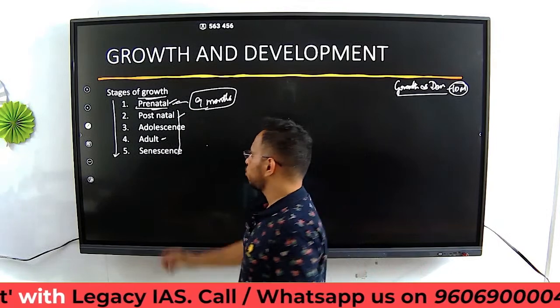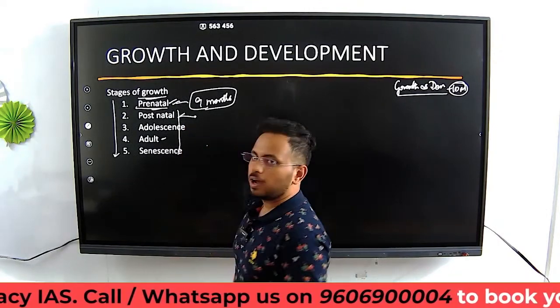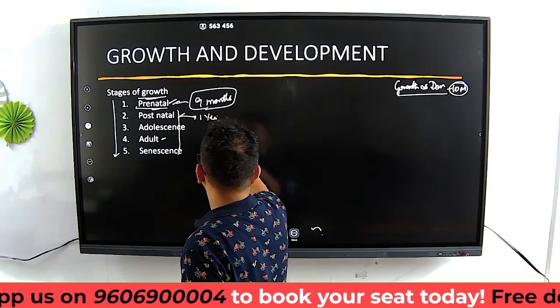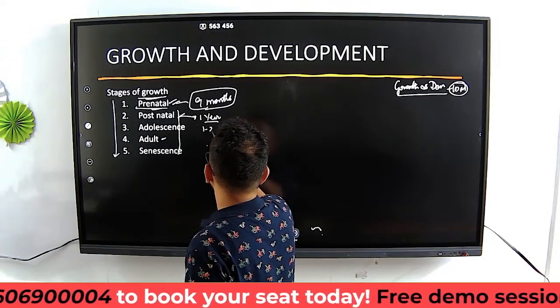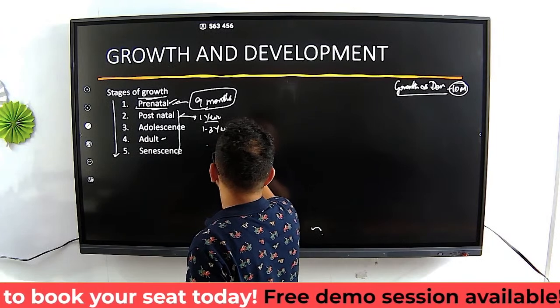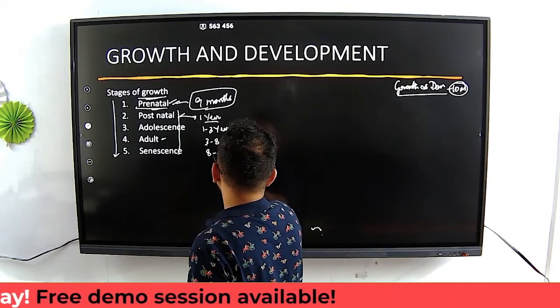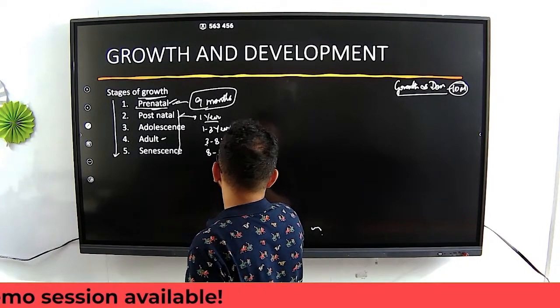Simple. From the postnatal, after the birth, till 1 year, what are the changes? 1 year to 3 years, what are the changes? 3 years to 8 years, what are the changes? 8 to 11 or 12 years, what are the changes?